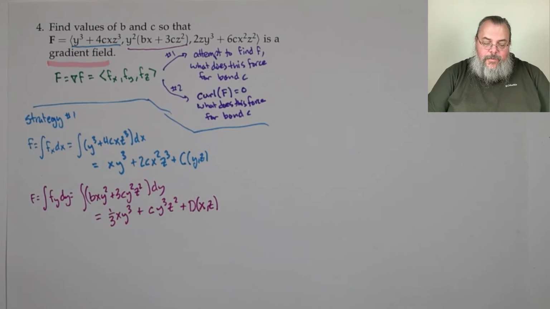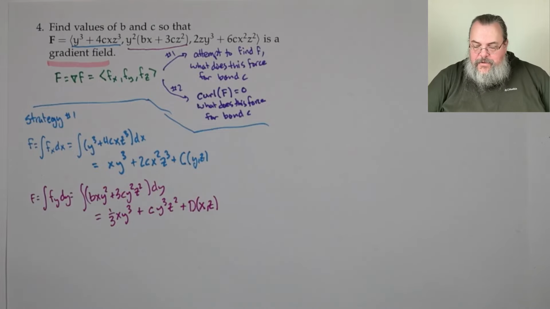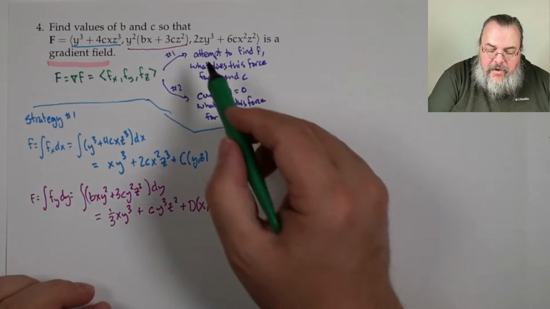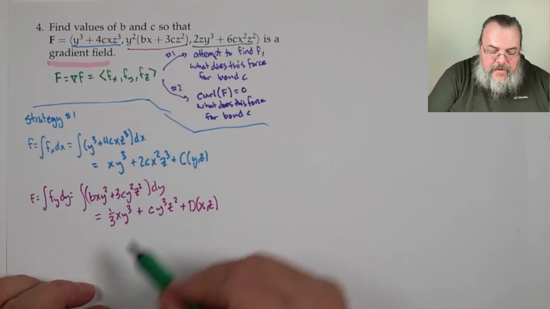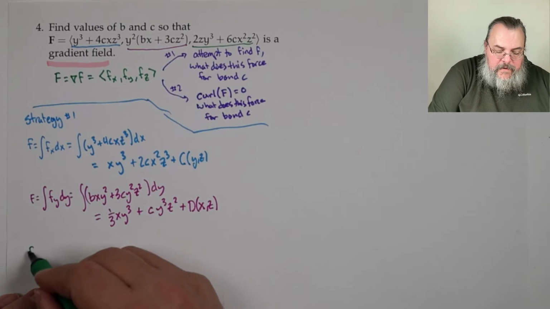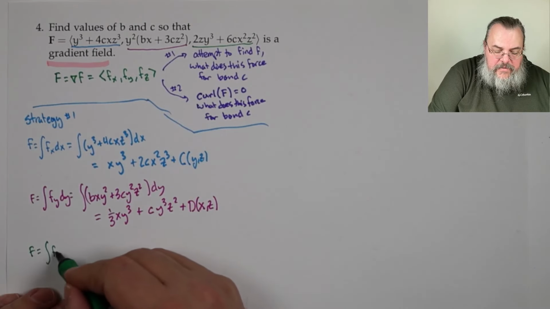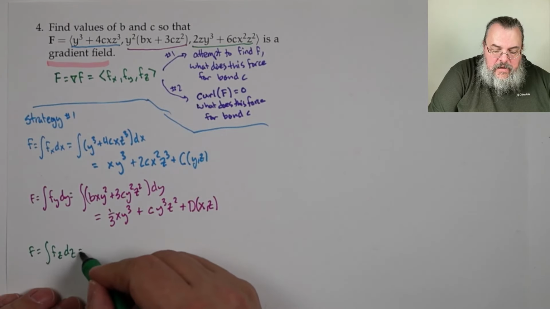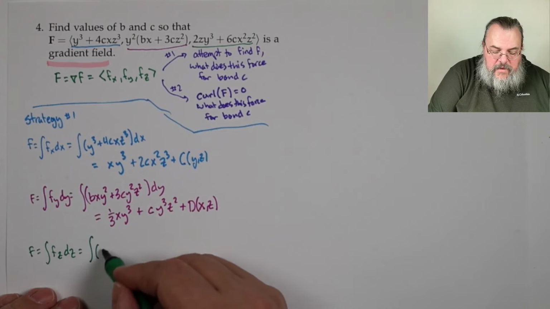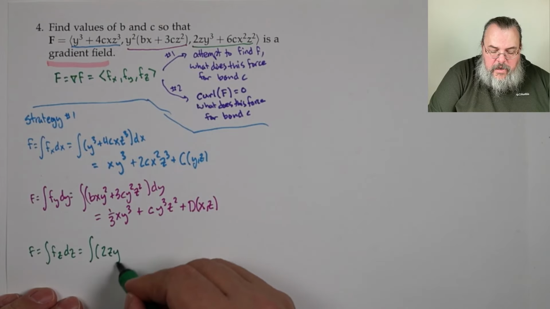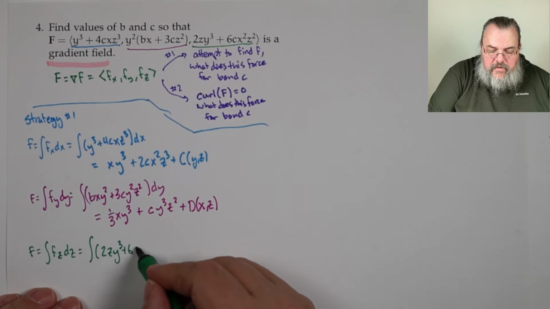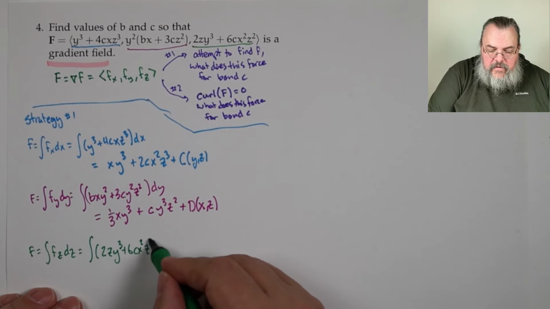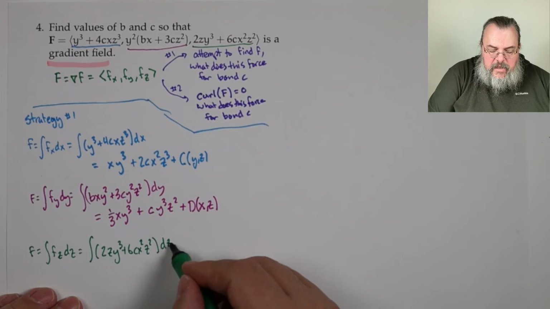All right. One last slot for us to put in. Okay, so our last one, that's fz. So f should be the integral fz dz. So that's the integral of 2zy cubed plus 6cx squared z squared dz.